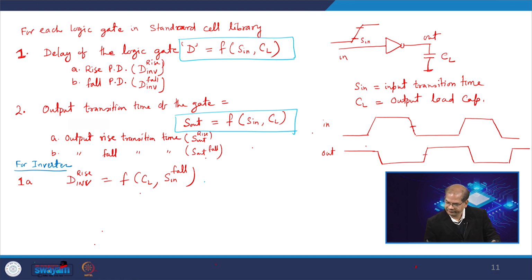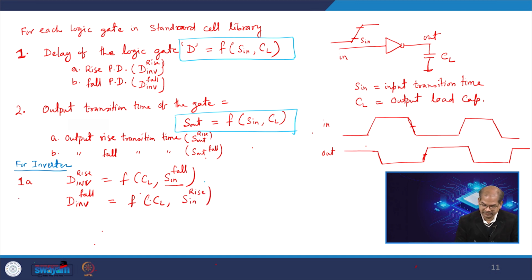Here this is my rise delay, and it will depend upon the fall slew. So D rise of the inverter is a function of S in fall. Similarly, D INV fall will be a function of output load comma S in rise. This is for parameter 1B.